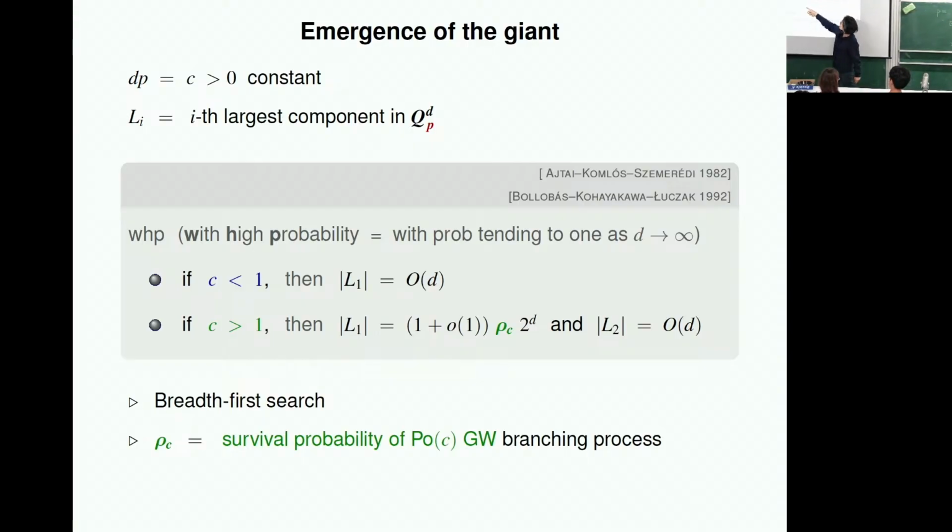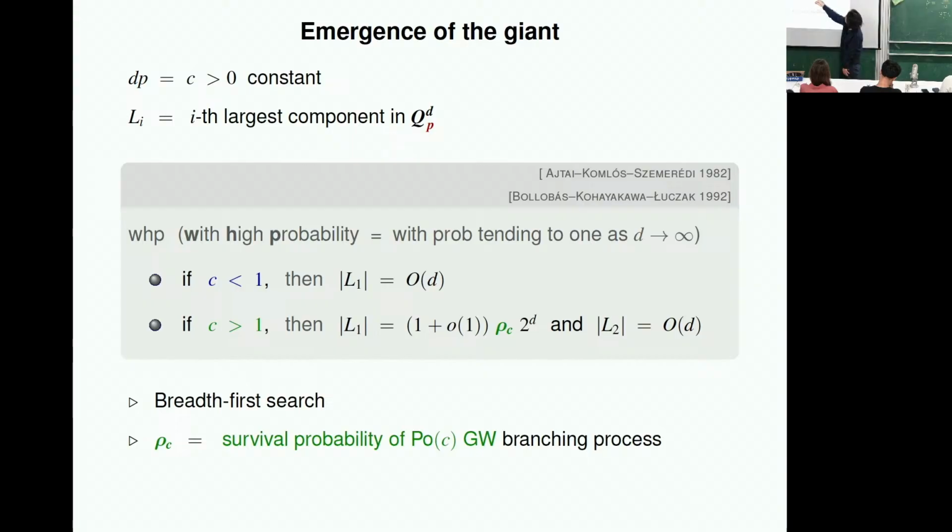On the other hand, in the supercritical regime, like a branching process, the size of the largest component is linear in 2 to the d, the number of vertices, while the second largest is small. What is rho of c? If you scale by 2 to the d, it's the asymptotic fraction of the vertices lying in the giant.